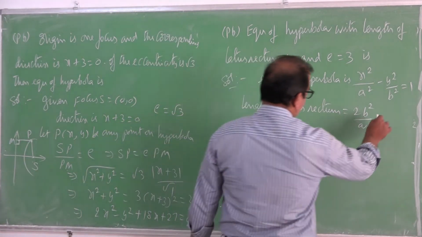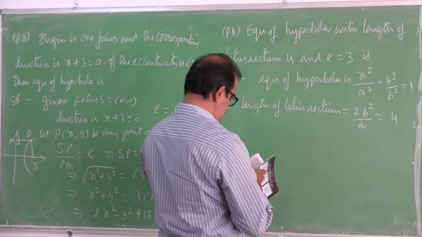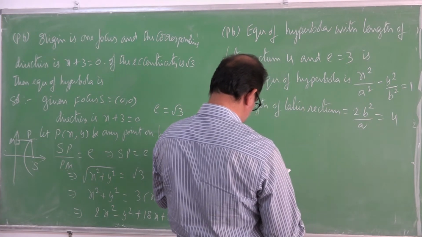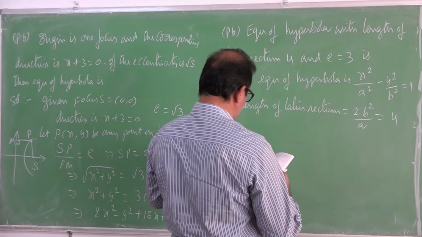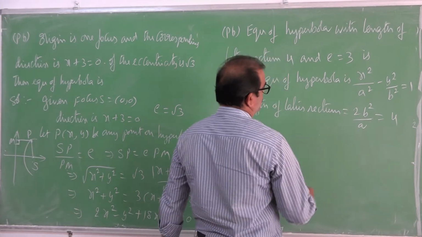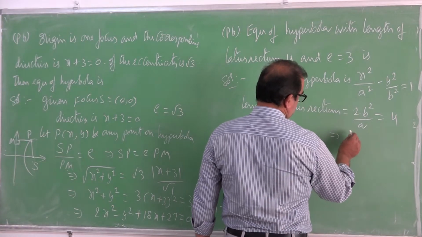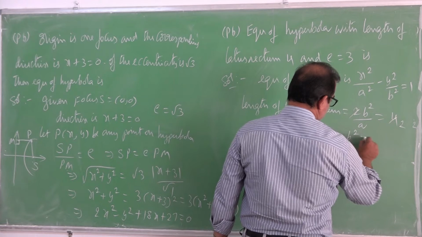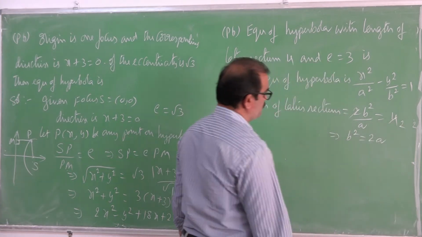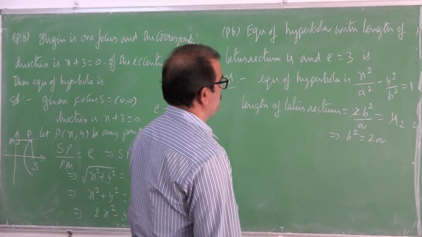What is the length of latus rectum? That is 4. On cross multiplying, the 2 cancels. b squared is equal to 2a.